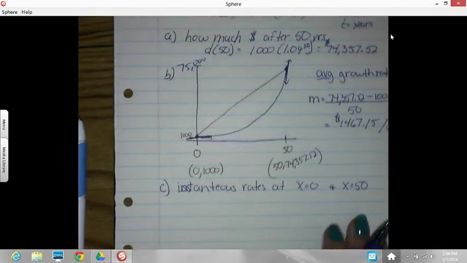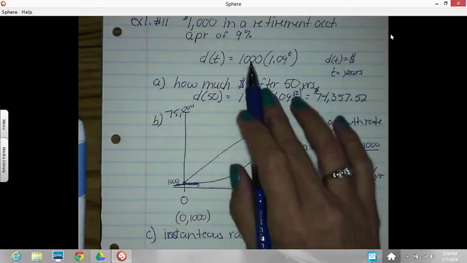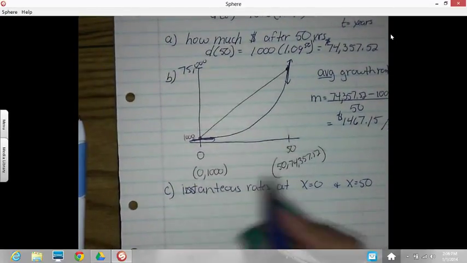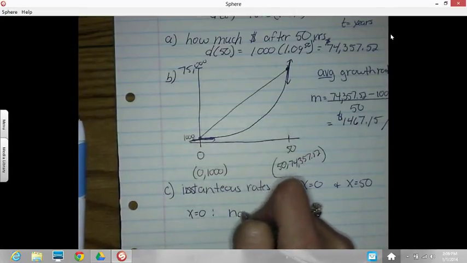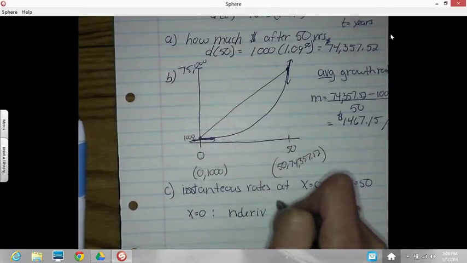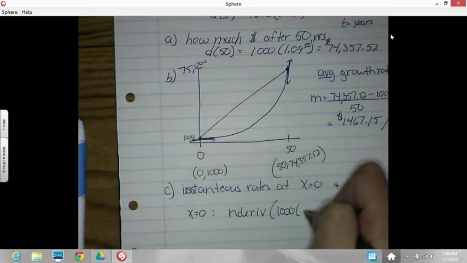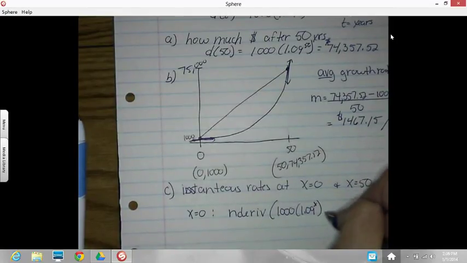Okay, we can't do this algebraically because we have yet to learn how to do the derivative with the x up in the exponent. So we have no choice but to use the nDeriv on this one. So for x equals 0, you're going to go to your nDeriv. You type in the function 1,000 times 1.09 raised to the x, comma, x, comma, and I want this done at 0.